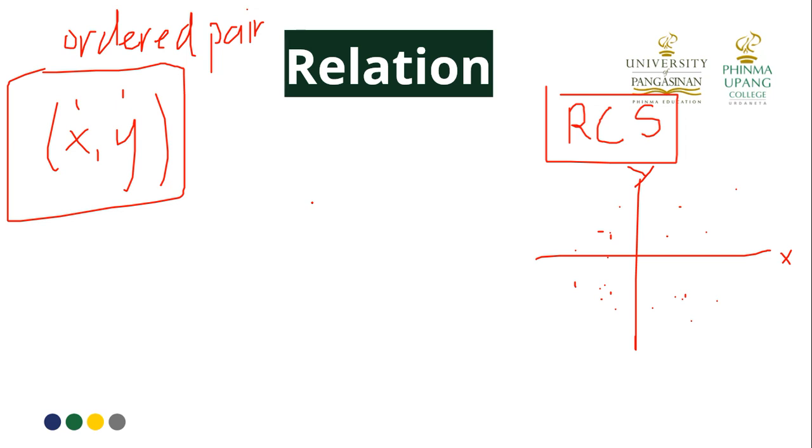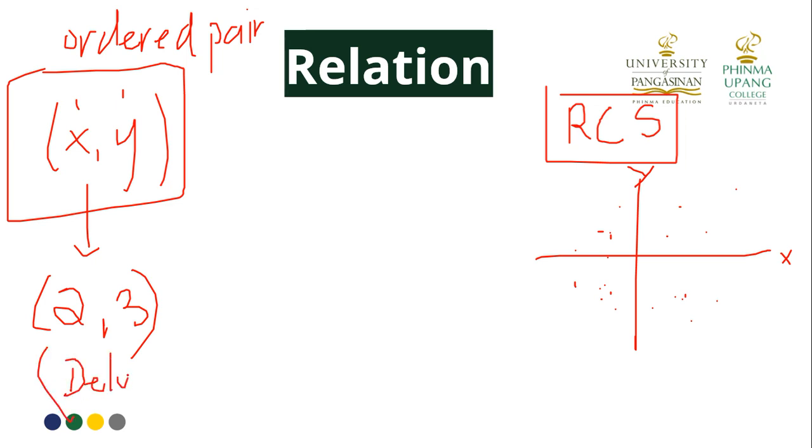Okay? Again, a relation is an ordered pair, which is x and y. If you're going to give me an example, it could be 2, 3. 2, 3 is an ordered pair. De Leon, for example, then Lopez, is an example of an ordered pair, because it's a combination of x and y.